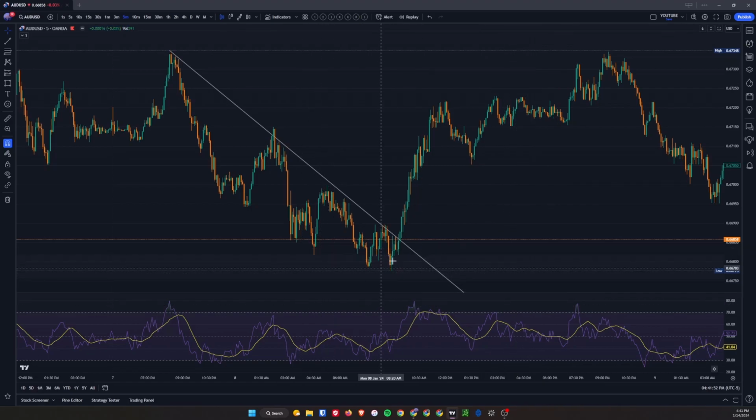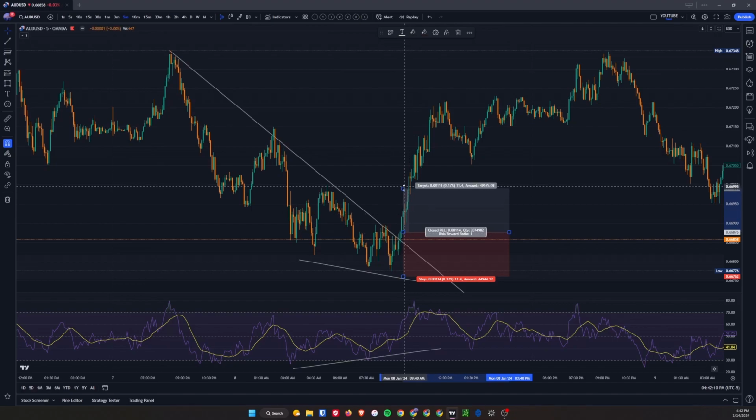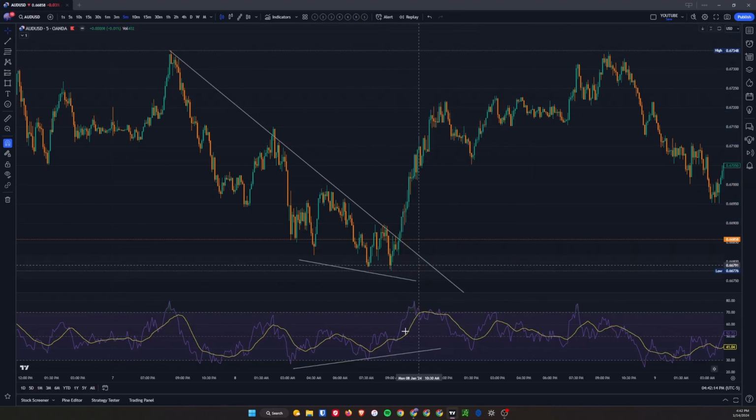So if I see the support rejection and I see it breaks this trend line and I see this RSI divergence on the smaller time frames, then I'm like, oh, it is going to go higher, or there's a really good chance I'm going to be right and it is going to go in the opposite direction. Then you would buy it up with a stop, and boom, you'd make that trade and make some money. So that's one way you could use support and resistance, or at least that's how I use it.